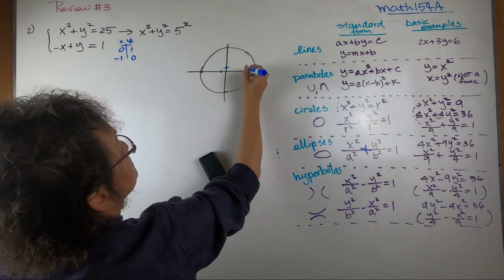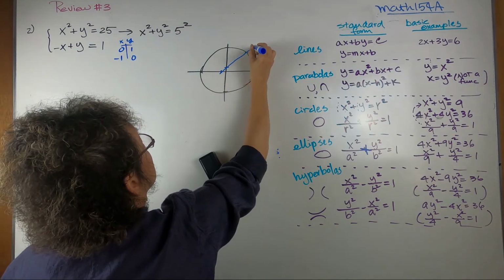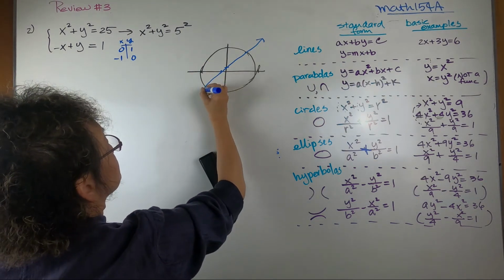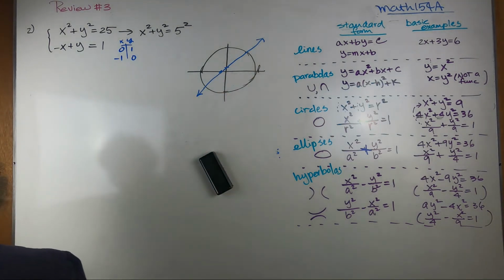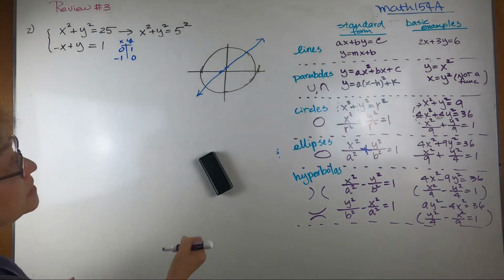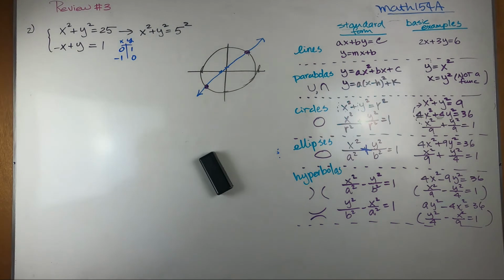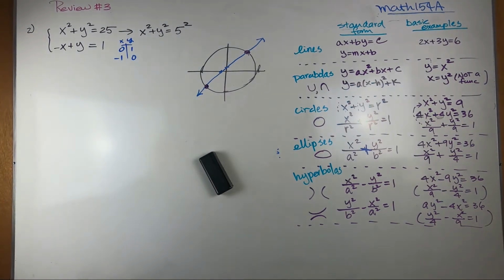So when you graph a line, you will go like this. Okay? So at least you can visualize how many solutions you should find. What do you think? How many places do they meet? 2 places, right? Then you have to solve it algebraically to find the right answer.